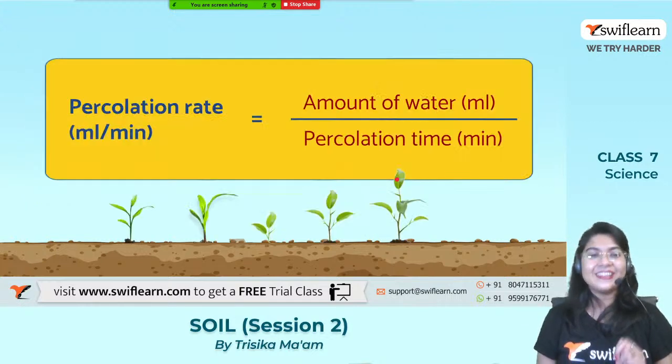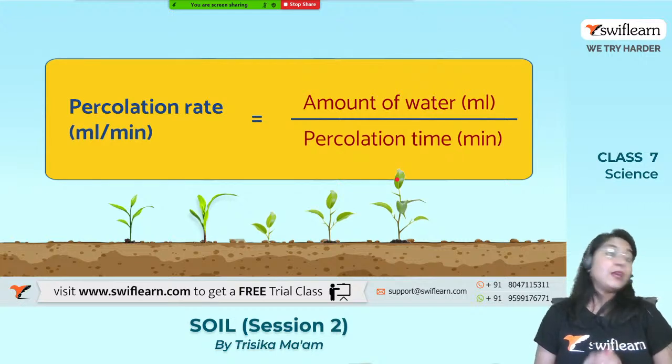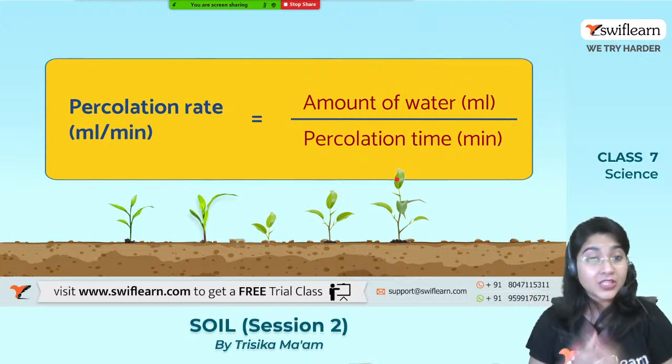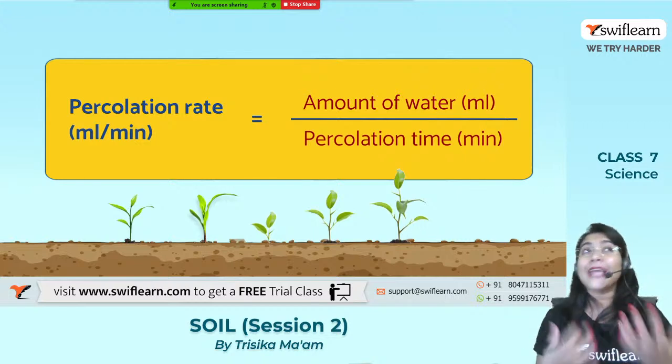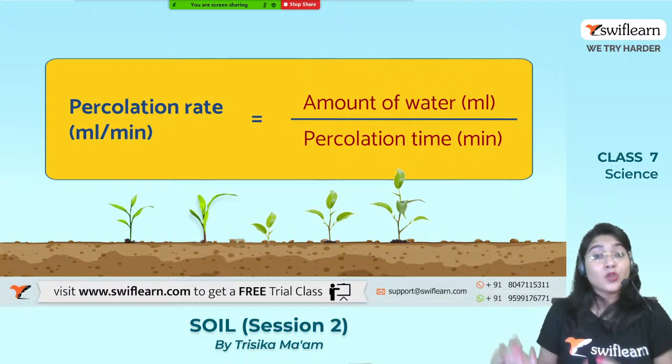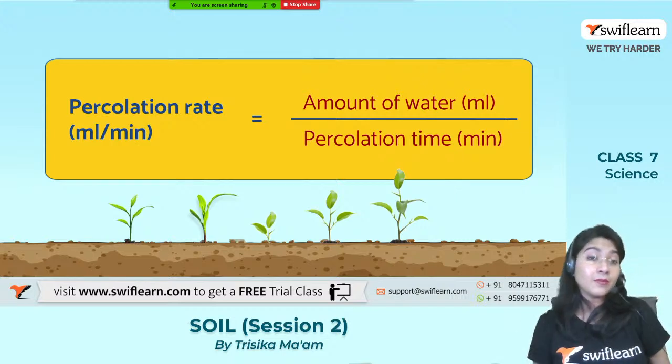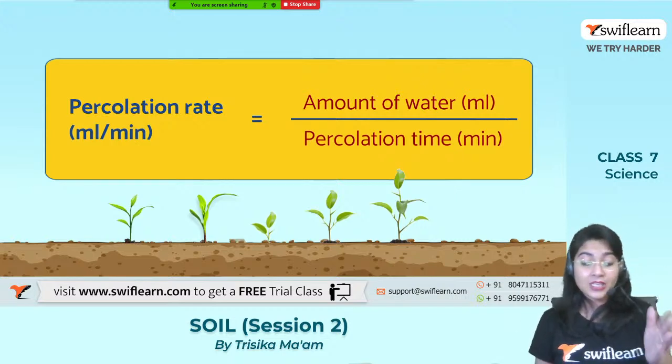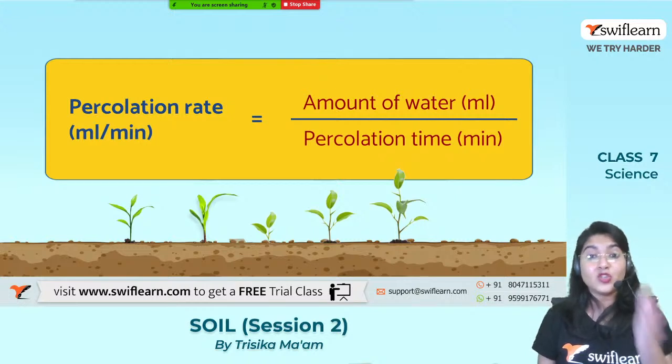Yeah? Okay, now we will study what the percolation rate is. How will you calculate that the different soils are absorbing the water in different times? You have to find out the percolation rate of each and every soil.